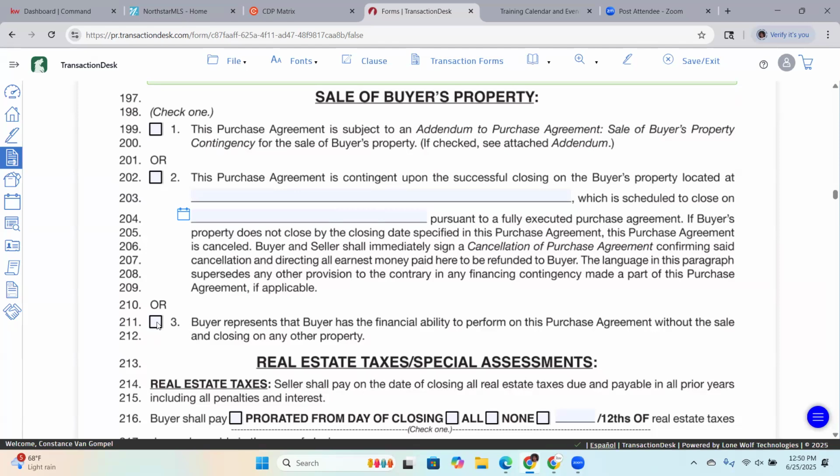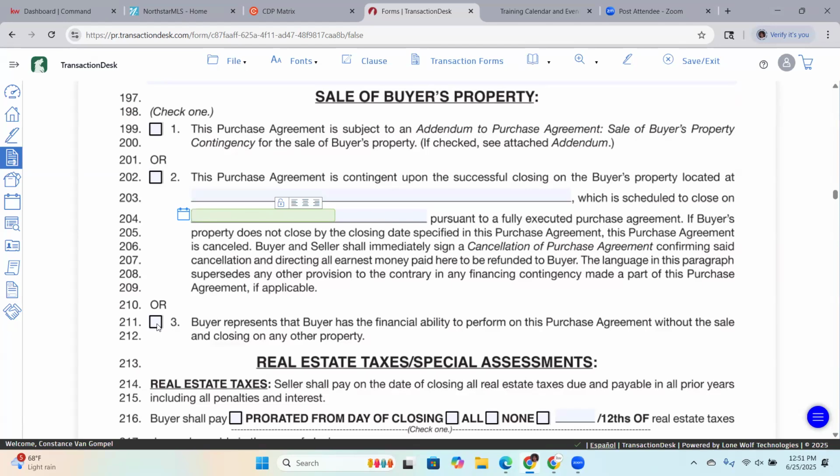So number 1 and 2 depends on whether or not it's contingent on a buyer's property selling. So if you have a property that has got to be sold on a contingency to buy the next house, you would be checking line 2. You would put in when it is to close on.